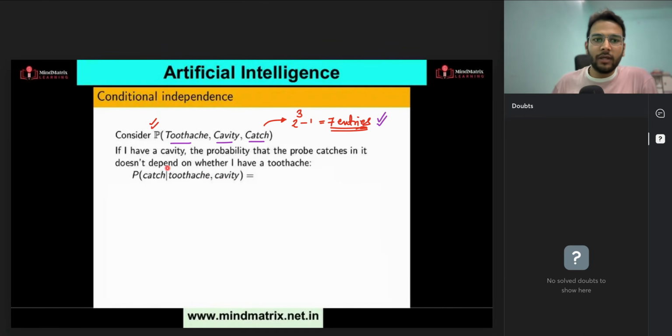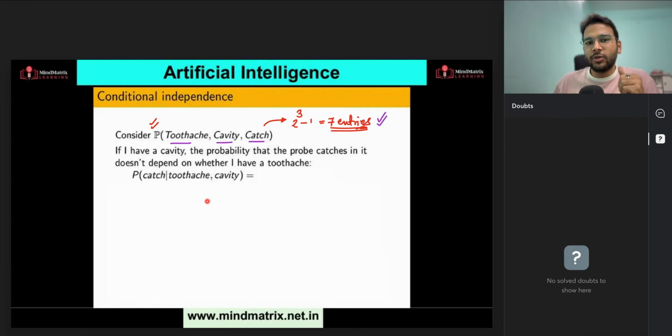Is this clear? Okay. Now if I ask you a simple thing here, can anybody answer? What is the probability of catch given toothache, cavity? I'm not asking for the number, but what it should be equal to. Okay, let me frame it differently.